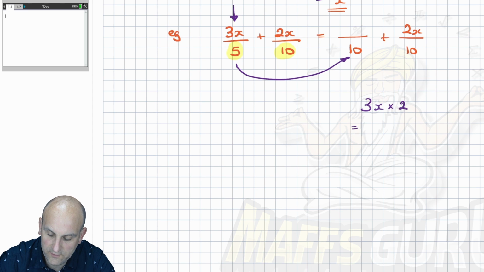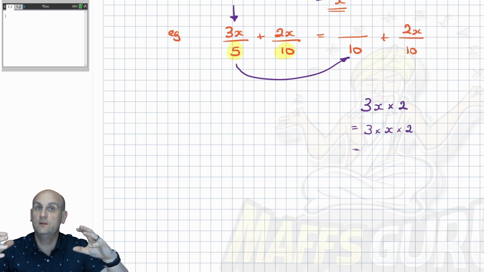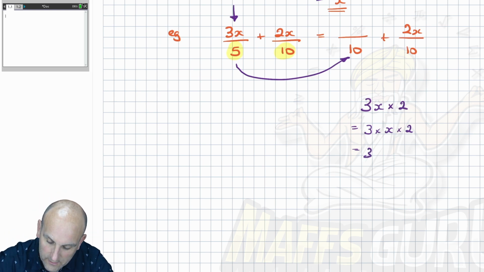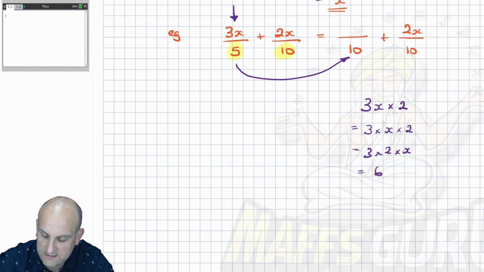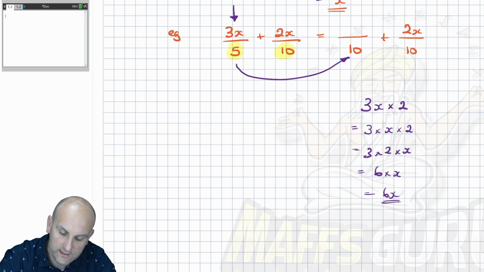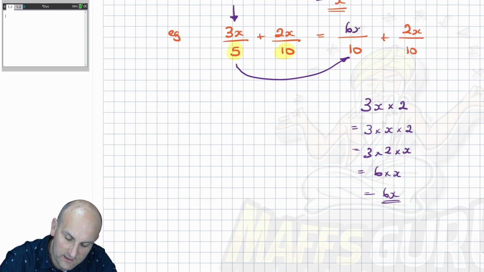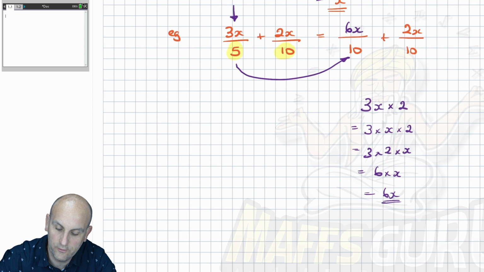Well, to go to another video, we know that's 3 times x times 2. We know that we've expanded. Then what do we do? We sort. So we put the numbers together, 3 times 2 times x, which gives me 6 times x, or 6x. So we now know that the 3x has become 6x on the top.